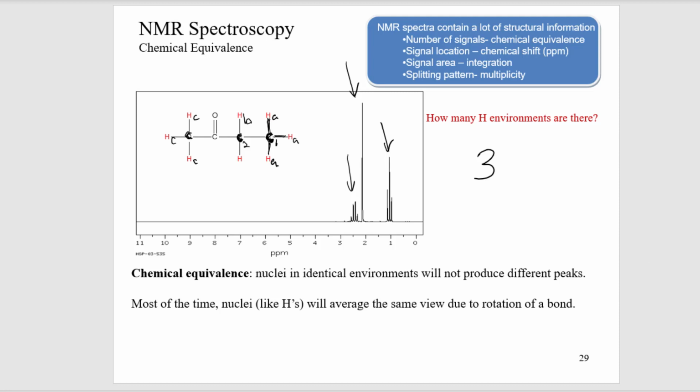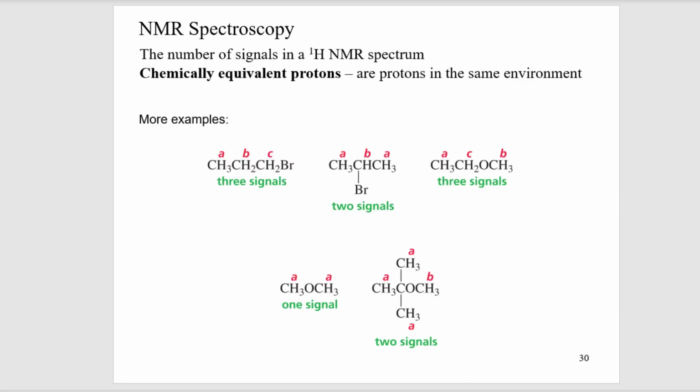So there are three signals. But which one is which? How many unique hydrogen environments there are will dictate how many signals you see. That's the first thing. Here are some more examples trying to get you to understand chemically equivalent protons.